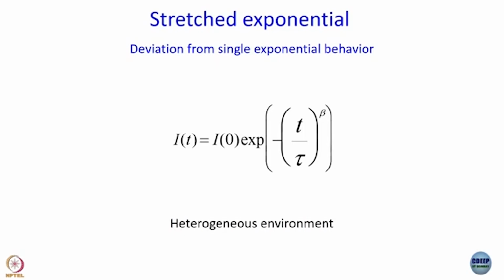I hope the function does not look very weird. In a sense it does, because I have used too many brackets, but essentially we have taken our good old single exponential function and we have added an additional exponent, and this is an exponent of exponent, right. So for which value of beta is it going to be single exponential?